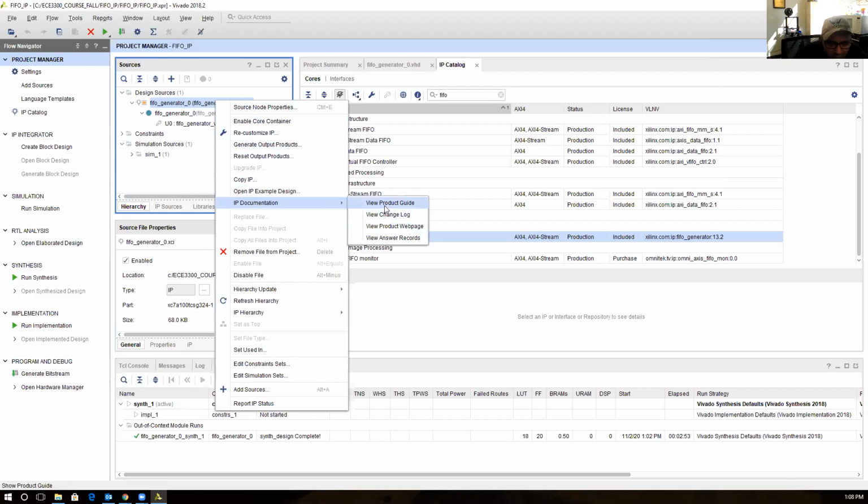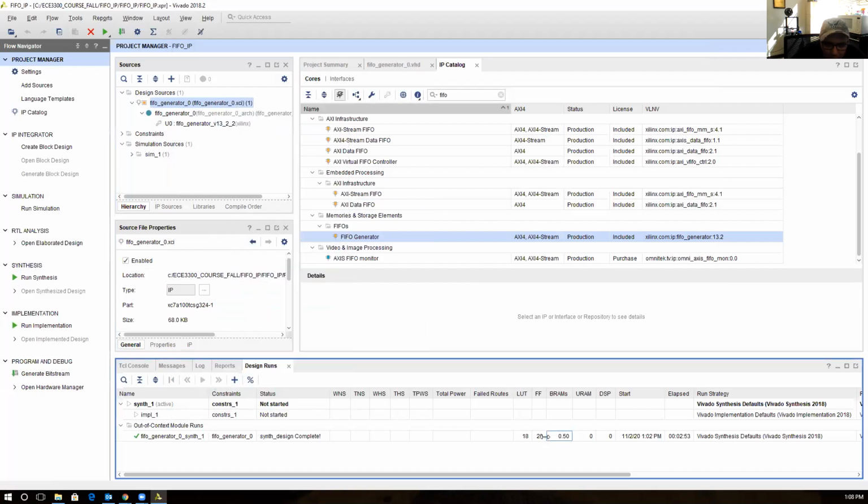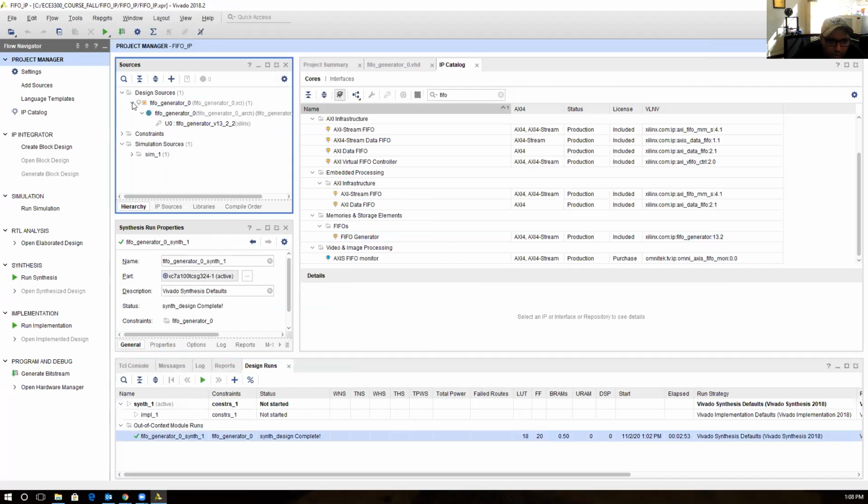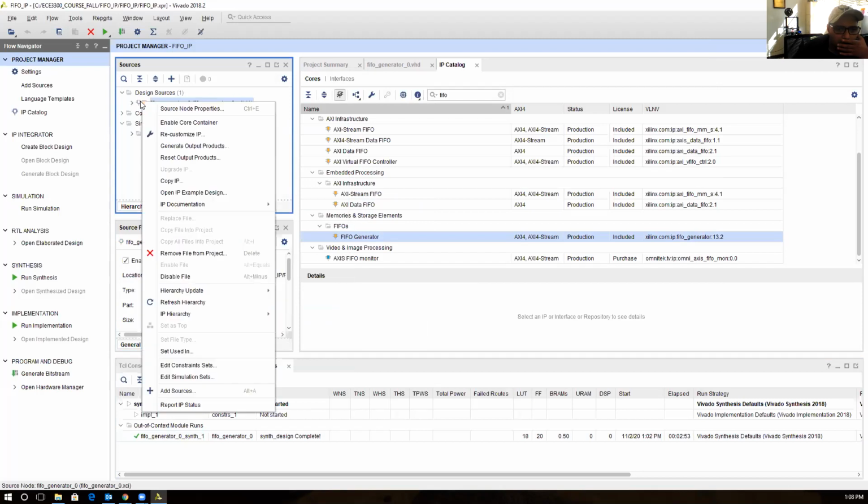Here's the documentation for the thing that you can look at. IP hierarchy, show all the IP hierarchy. The status, basically this one. But why give it to me in Verilog? Now HDL. There's a way to convert it.